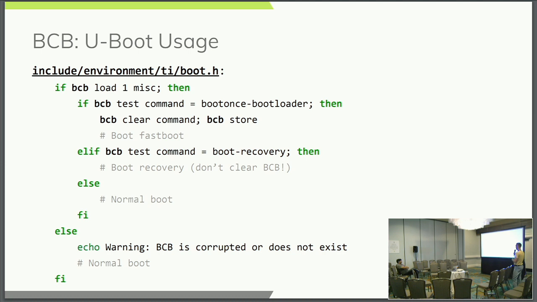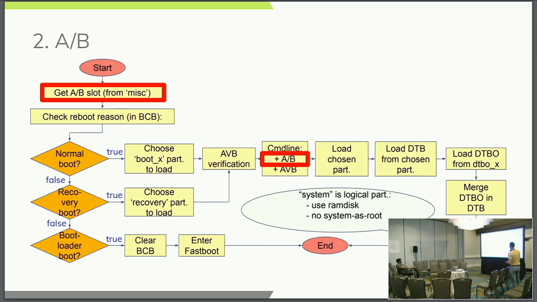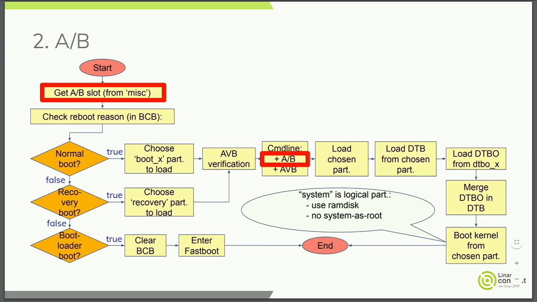If the reboot reason stored in BCB is boot-recovery, then we actually boot to recovery. And we are not clearing BCB because recovery should actually read some stuff from BCB. Otherwise, we just boot to normal AOSP, right? So, let's get to the next item on my agenda.